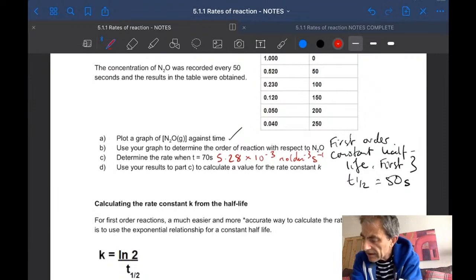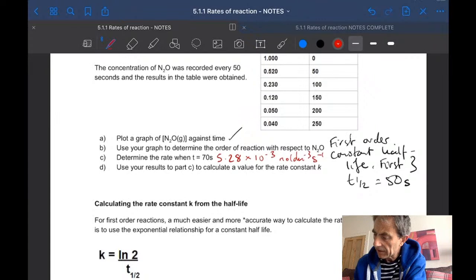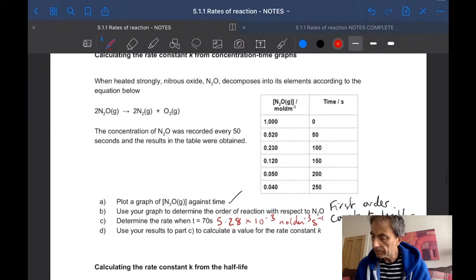So then it's saying use your results to part C to calculate a value for the rate constant K. Right, so what have we established so far? We've established that it's first order with respect to N2O.